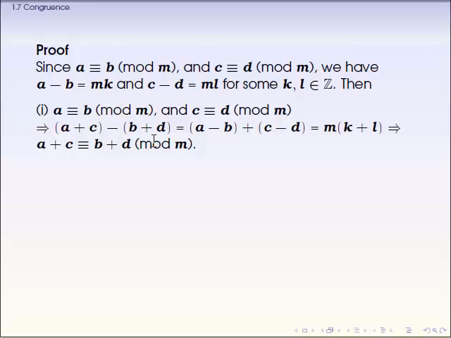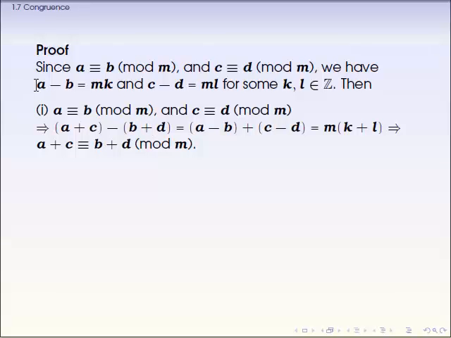With that condition, let's start with a plus c minus b plus d. That's the result we want to prove, right? So let's think about the subtraction between these two numbers. After you arrange it, this number is equal to a minus b plus c minus d.